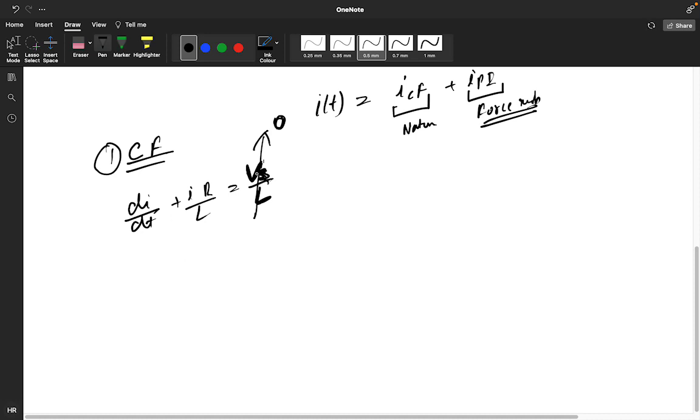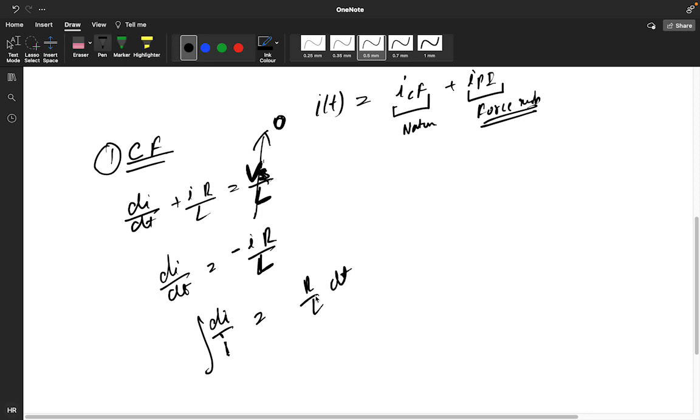So di by dt equals minus I into r by L. Now find the value of I of t: bringing I to this side, di by I equals minus r by L into dt, integrating I from 0 to I and t from 0 to t.